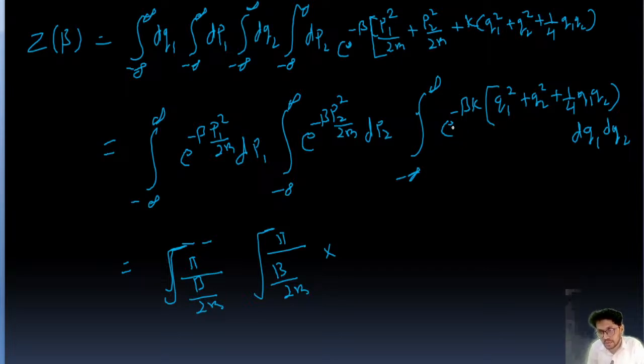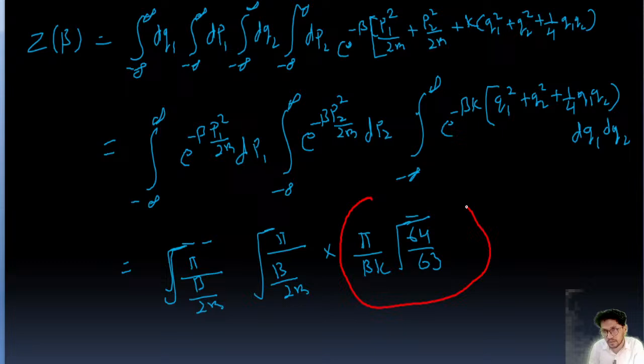I suggest you just note down this integration and memorize it: the integration minus infinity to plus infinity of e to the power minus beta k (q1 square plus q2 square plus 1 upon 4 q1 q2) dq1 dq2 is pi upon beta k, root 64 upon 63.